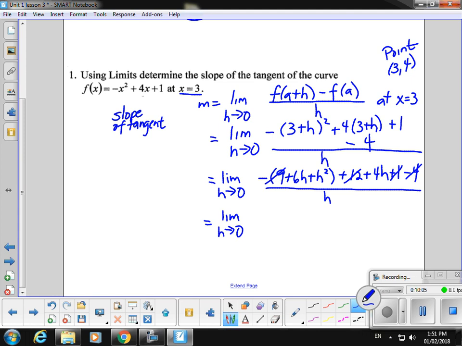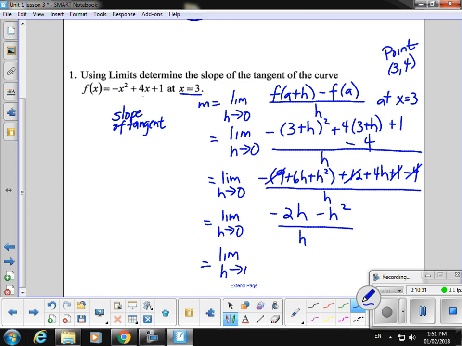I've got 6h and 4h, so I have got negative 6h, I'm sorry. I've got negative 2h, I've got negative h squared, and I have that over h. Still, if I just pop a 0 in for h, I have 0 over 0, and that's not helpful. So I'm going to continue to simplify as far as I can.